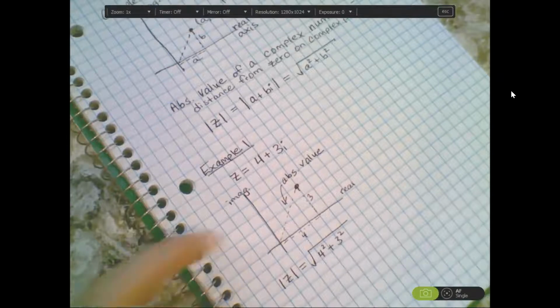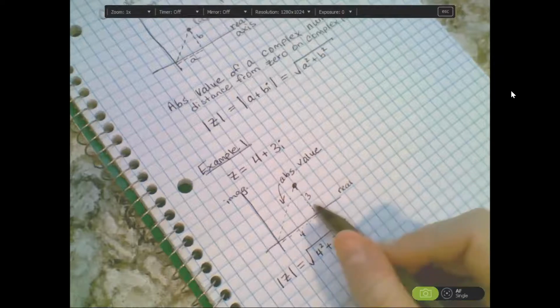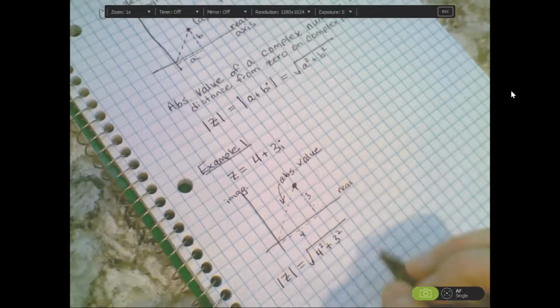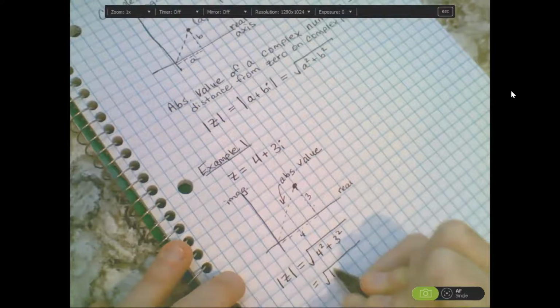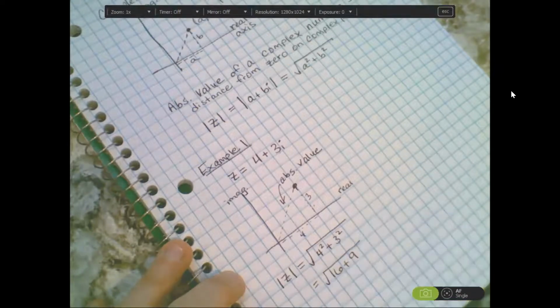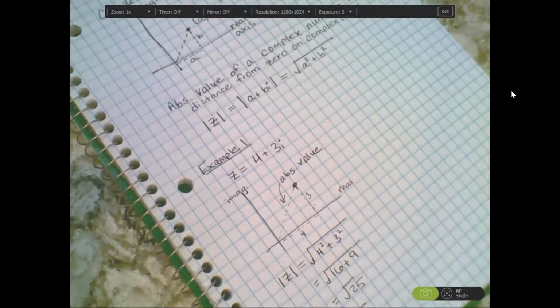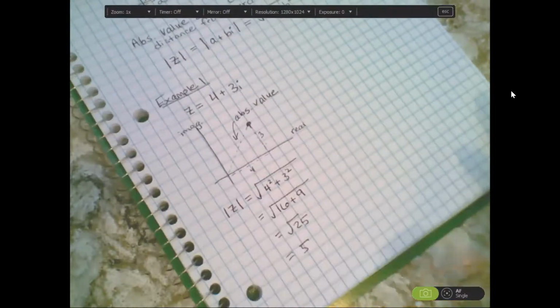Hopefully you can do that one in your head. That's just a 3, 4, 5 triangle, so that's one you hopefully have memorized at this point. But if you work it out, it really does come out. You're going to get 16 plus 9, which is the square root of 25, which is 5. Oops, kind of went off the page. There we go. So it really does work out to be 5.